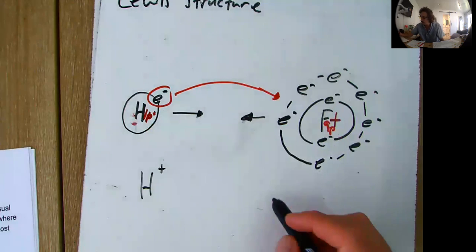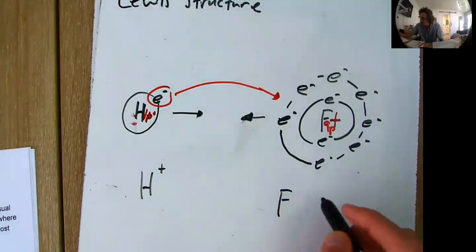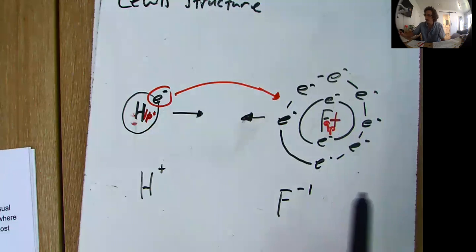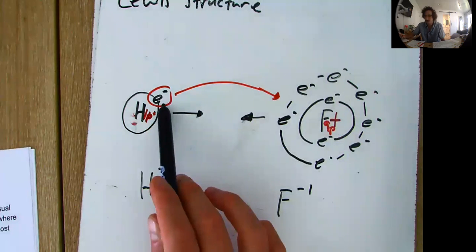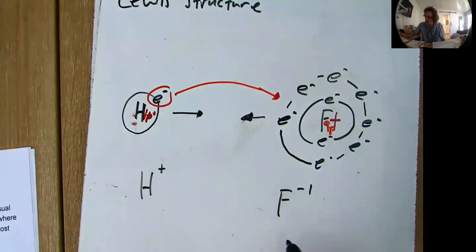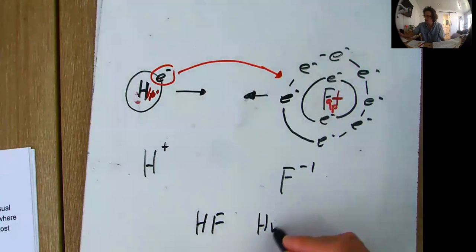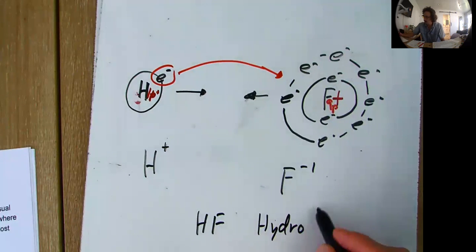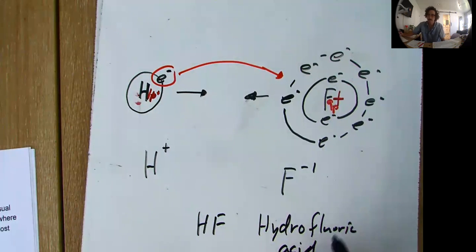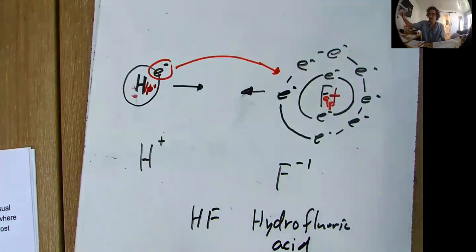Then you end up getting fluorine with a -1 charge because it gained the electron from hydrogen. And then they come together to form the compound hydrogen fluoride, or hydrofluoric acid. Okay.